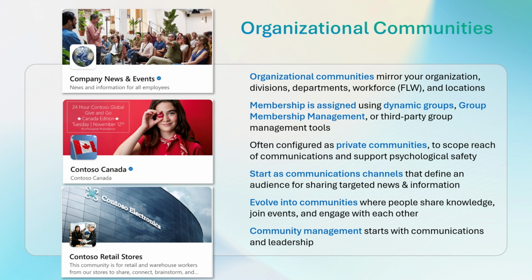So on the left side, there's a few examples. At Microsoft, we have company news and events, which includes everybody in Microsoft. So we have a community that has a rule that pulls in 200,000 plus members, which is great. We also have communities focused on locations like Canada. And then the last one here looks at Contoso retail stores, right? So this is based on a specific retail example.